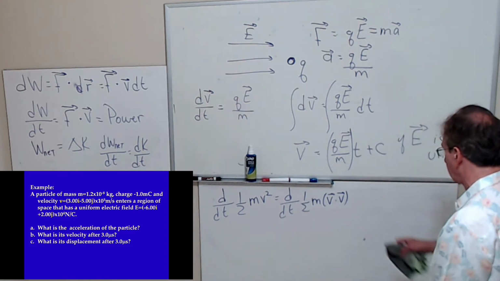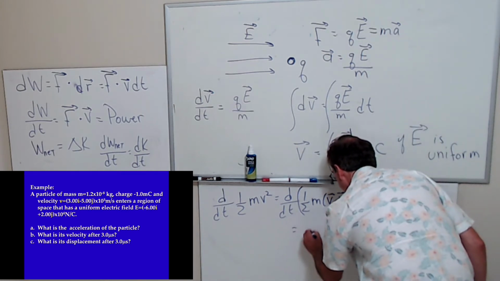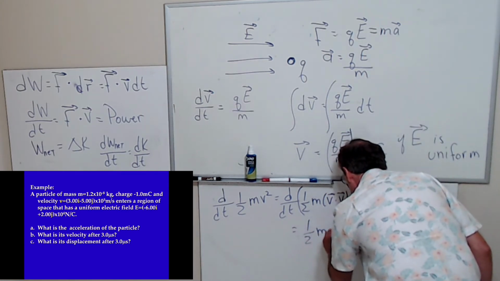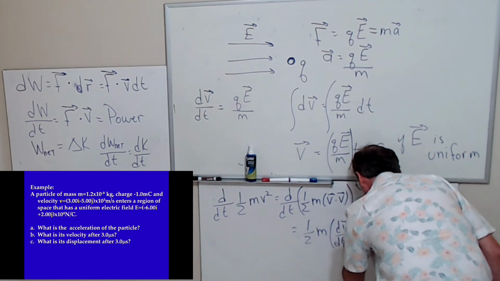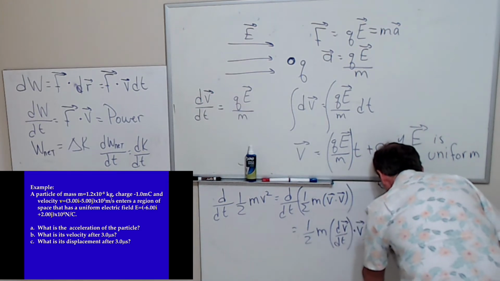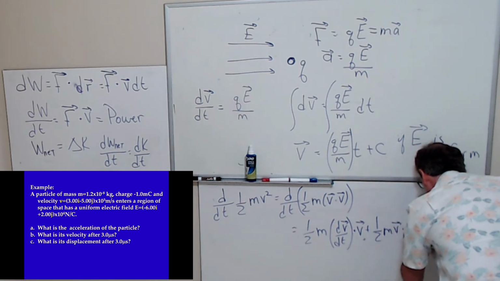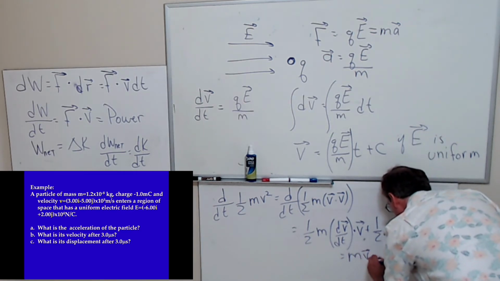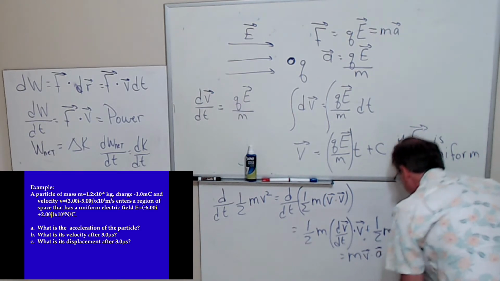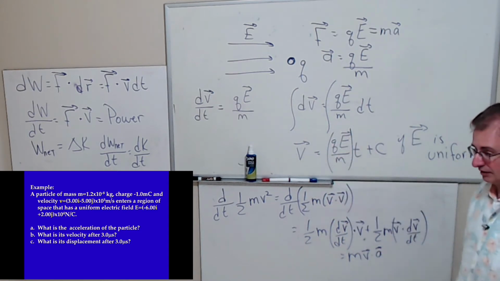So I'm going to use the product rule to take this time derivative. And what I'll get is m v dotted with a, which is the net force dotted with v.